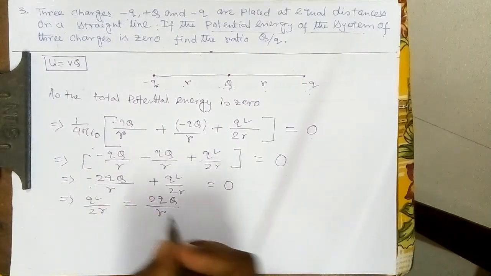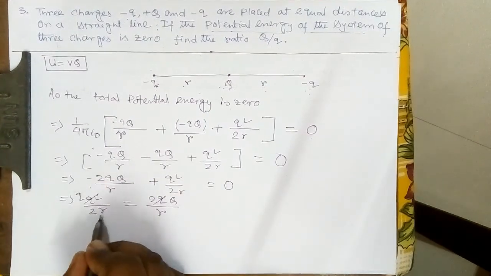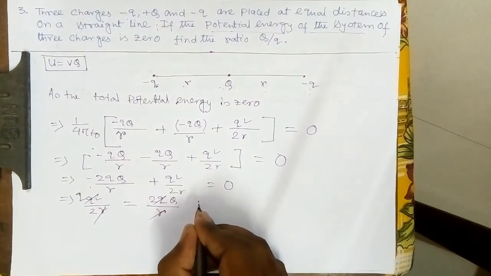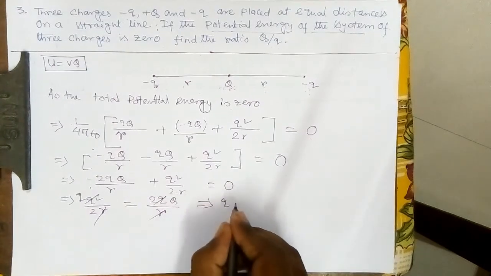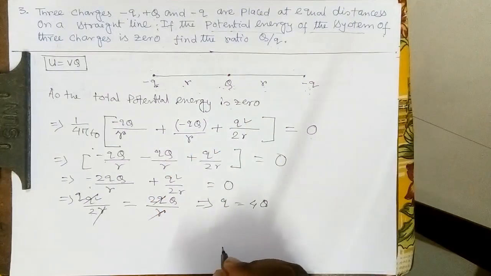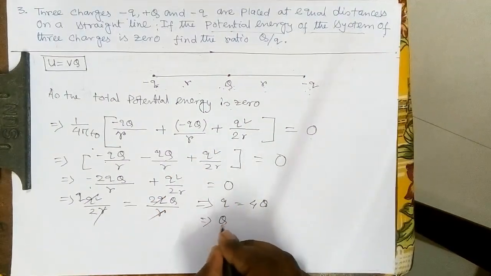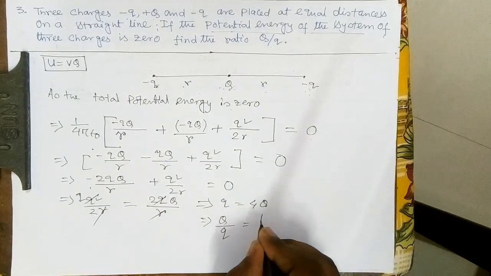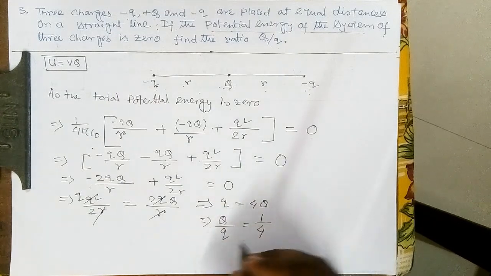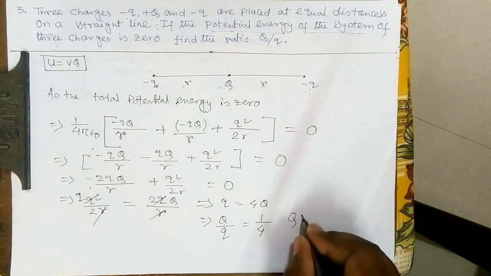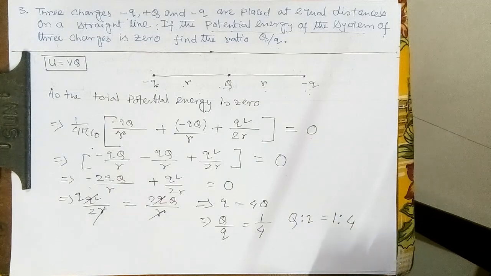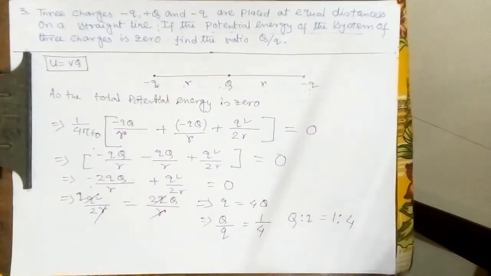So minus, I have taken it here, it is plus. So one q is cancelled, r is cancelled. Okay, so small q equals 2 into 2, that is 4 capital Q, and here it is asked to find the ratio of capital Q by small q. So capital Q by small q equals 1 by 4. This is the value, and if I write the ratio, then capital Q to small q equals 1:4. Okay, so this is the calculation of question number 3.